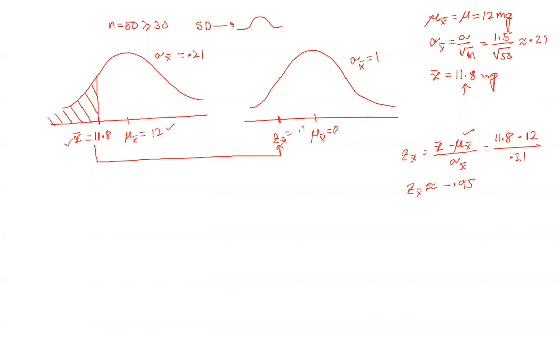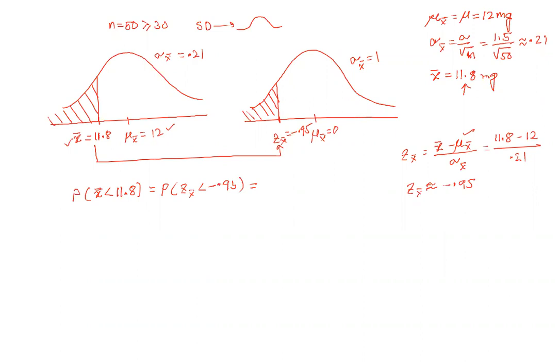In essence, we are looking for this area. So the probability that x bar is less than 11.8 is equal to the probability that z sub x bar is less than negative 0.95.